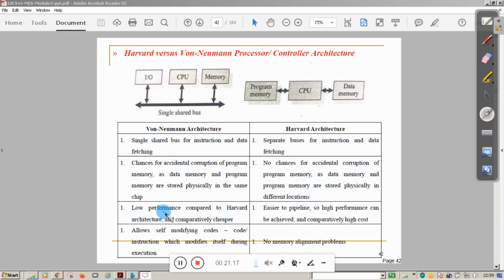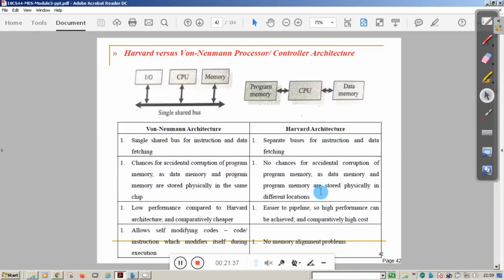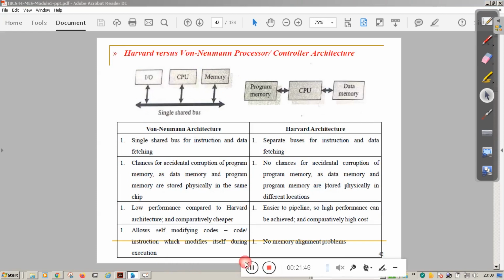Von Neumann has lower performance because both data and instructions are stored in the same memory. Harvard has high performance because it's easier to pipeline. Also, von Neumann has some memory alignment problems, but in Harvard there is no memory alignment problem.